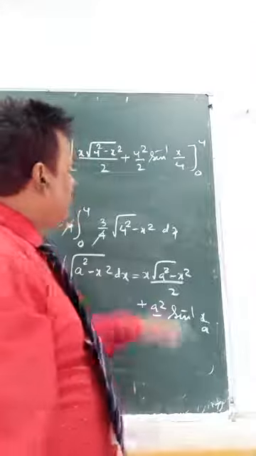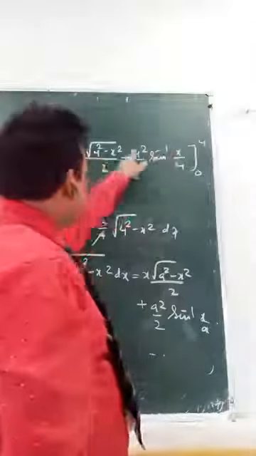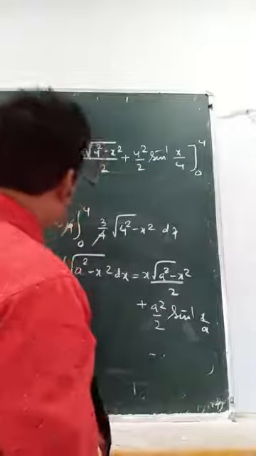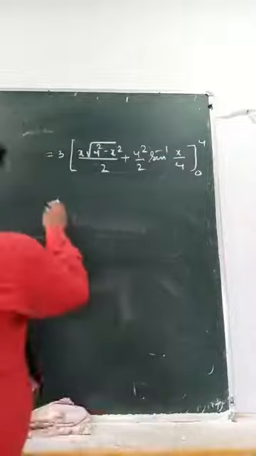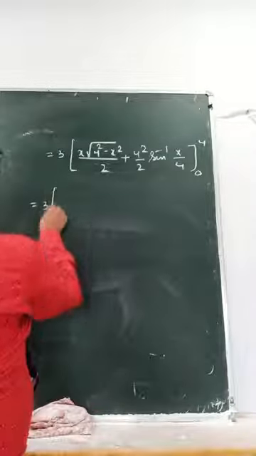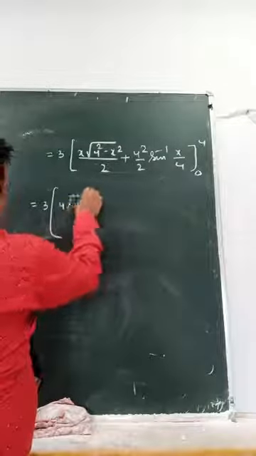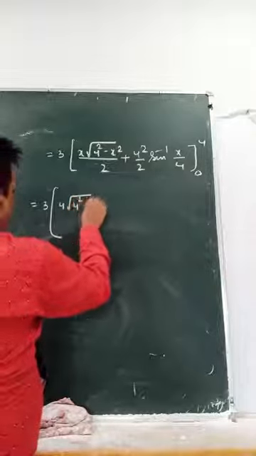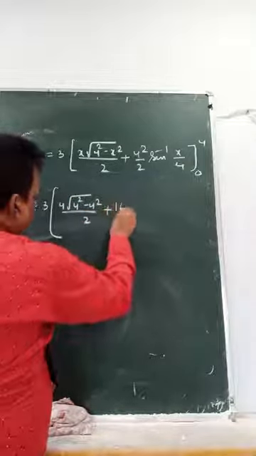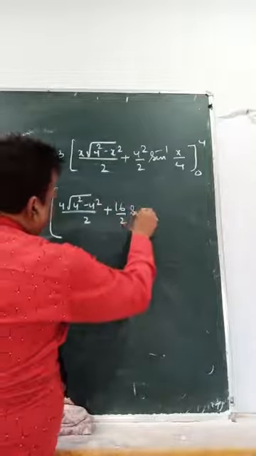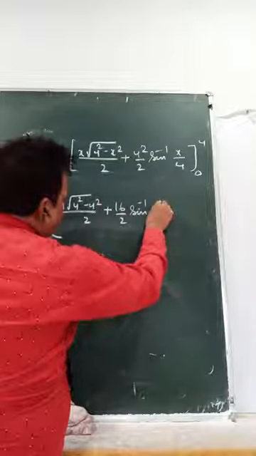Okay. Now first you put 4 in all, the upper limit. How much you get? 3 times 4 root over of 4 square minus 4 square by 2 plus 16 by 2 sin inverse 4 by 4.